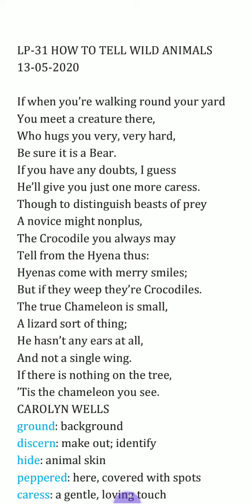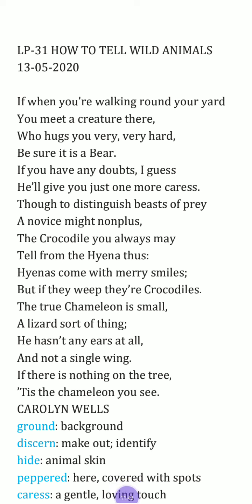If there is nothing on the tree, it is the chameleon you see. See, a rhyming scheme is there: tree and see, thing and wing. So here it is telling, it is the chameleon you see.